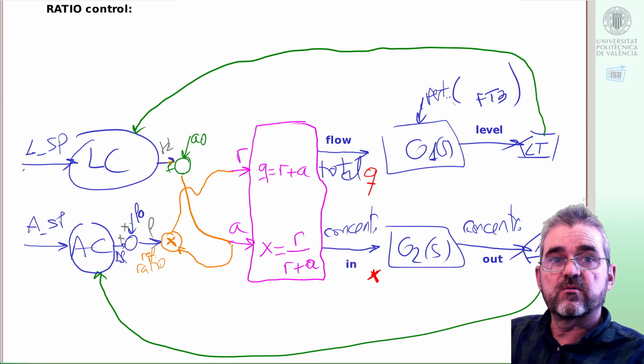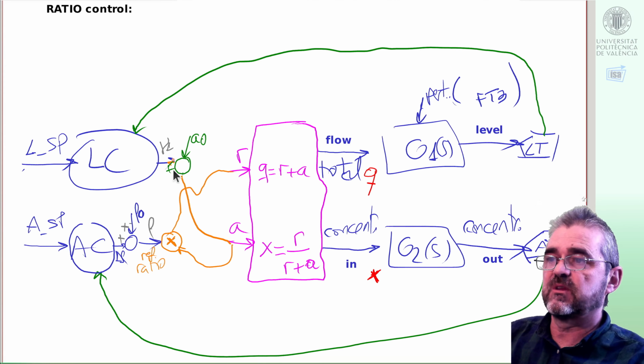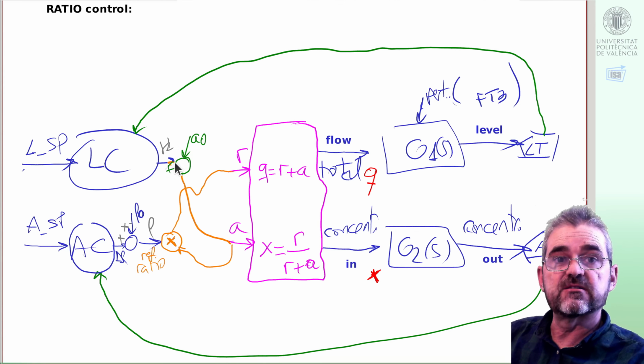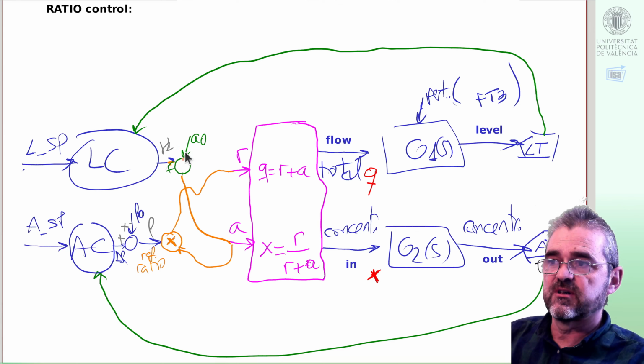The strategy of ratio control will be as follows. First, we will leave the level part unchanged with respect to the multi-loop option, so the level control action in increments will add to the operating point and obtain the required flow of water.